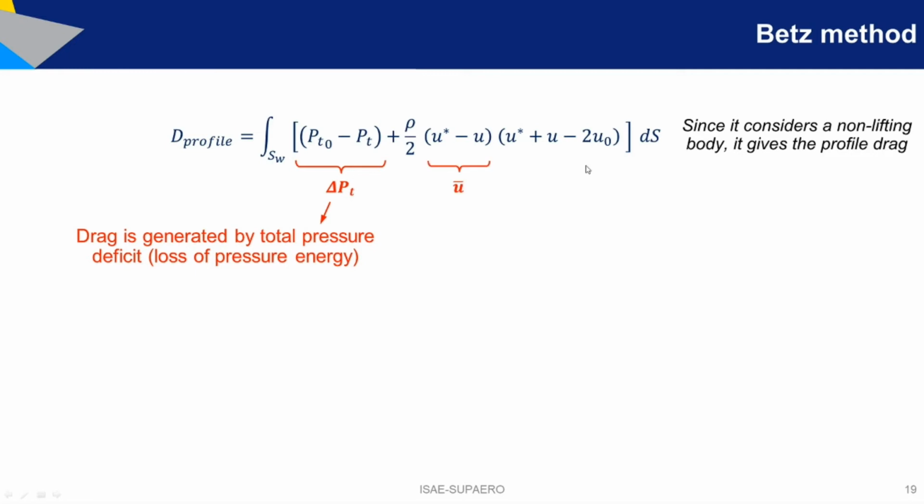And this term here is basically the velocity deficit, so you have a drag associated to this loss of kinetic energy. And again, I stress the fact that this formulation starts delivering a more physics-based analysis, and it's easier to interpret the sources of drag by just analyzing the terms. And this wasn't the case with the near field or the previous far field method. So this was really a major breakthrough, a major milestone in the history of the aerodynamic analysis methods.